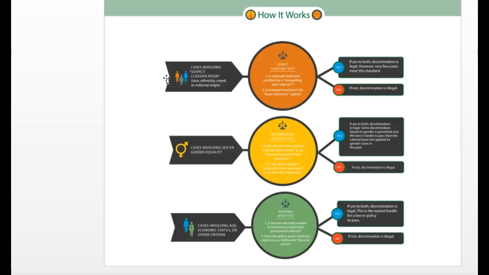But it's okay for race to be a factor in those decisions.